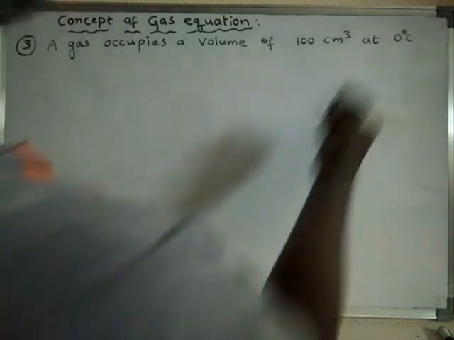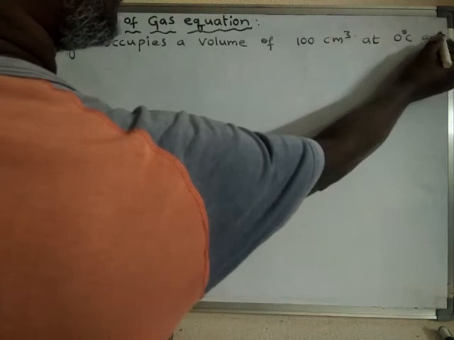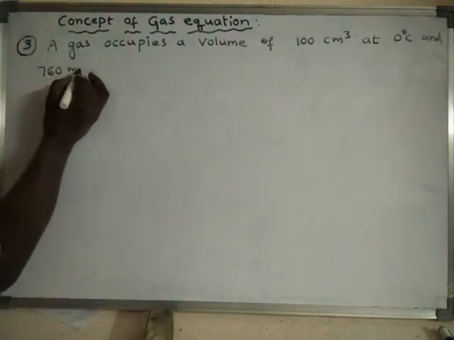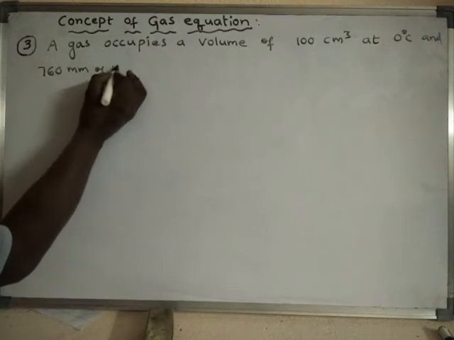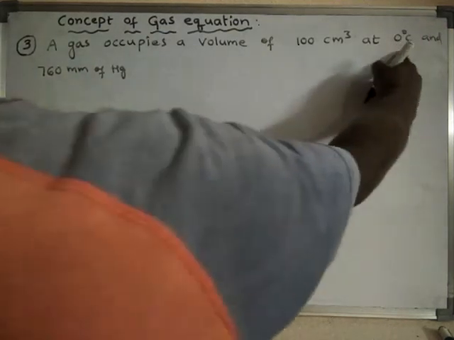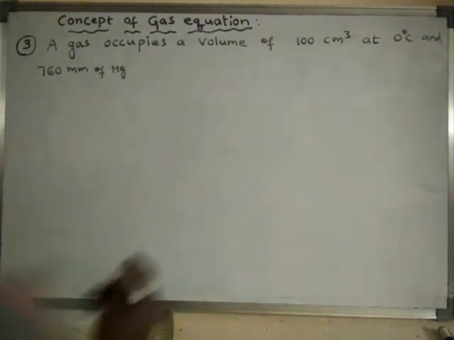That means standard temperature. And 760 millimeters of mercury, so that means this is standard pressure. So at standard temperature and standard pressure, a gas is occupying a volume of 100 centimeter cube.